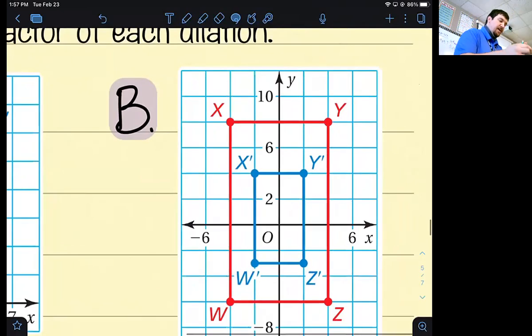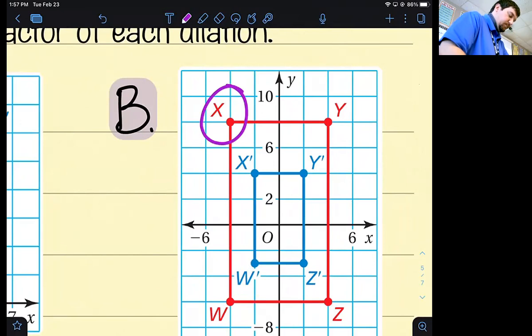Okay, so now let's look at maybe x and x prime. Starting at x, so this was reduced. The coordinates for x are what, Devin? -2, -4. Good, yeah, they're counting by 2 on the x and y axis. So this is -4, 8.